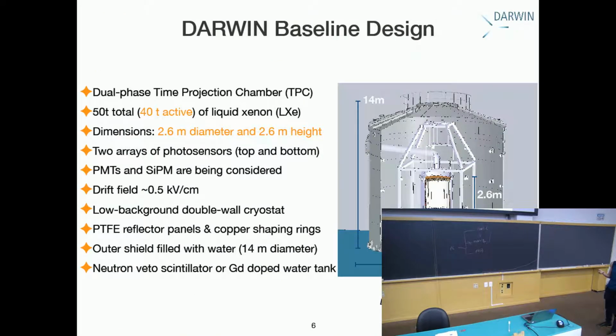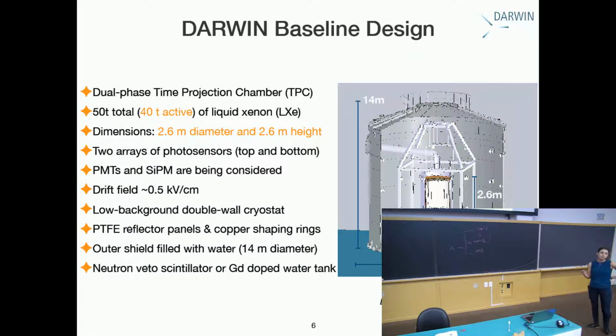So this is the baseline design for DARWIN. It will be, as well, a dual-phase time projection chamber. It will count with 50 tons of liquid xenon, 40 in the active target. The dimensions of the TPC will be 2.6 meters diameter and 2.6 meters height. It will come with two arrays of photosensors, on the top and on the bottom.